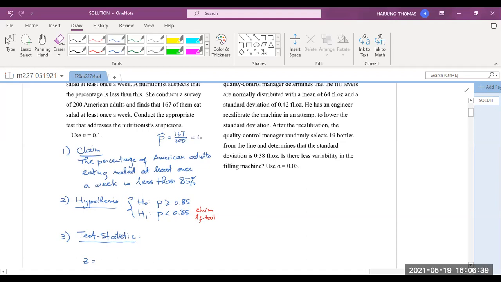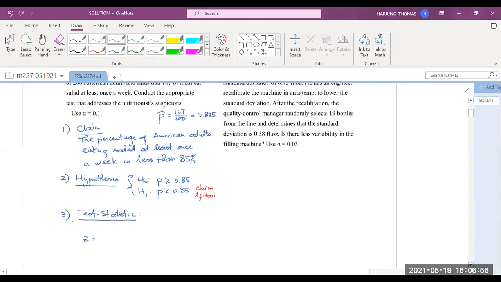That's 0.835. So this will be 0.835 minus 0.85 over the square root of PQ over n, which is 200.